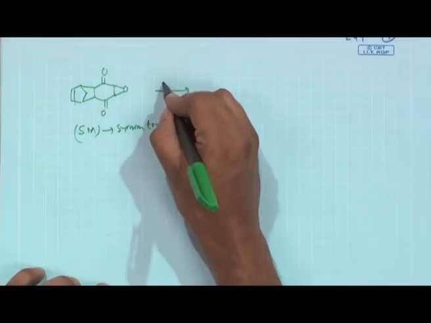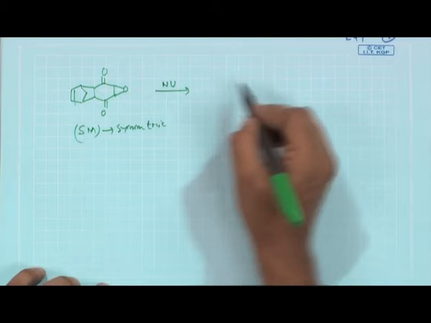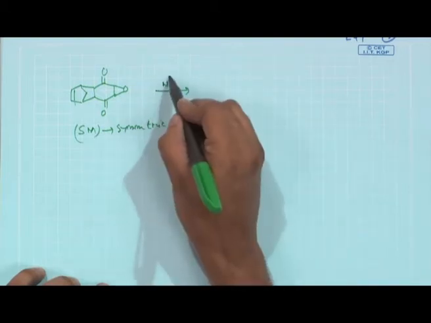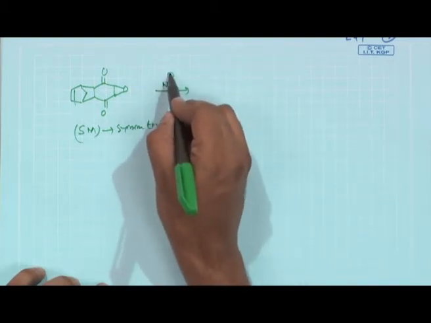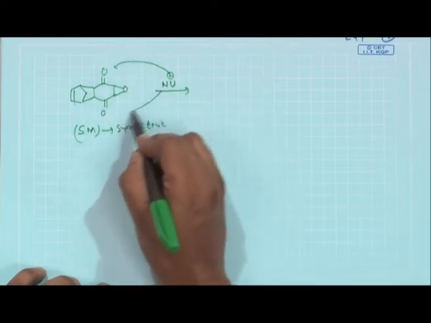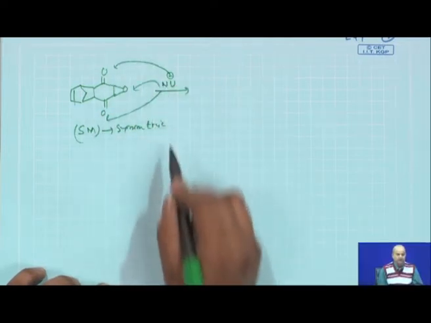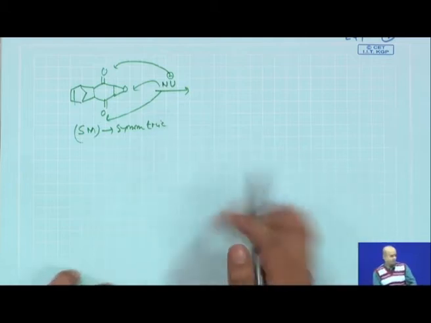So, like this you can put a nucleophile here, but now the point is the nucleophile can attack here, it can attack the epoxide. So, regioselectivity is a big issue.